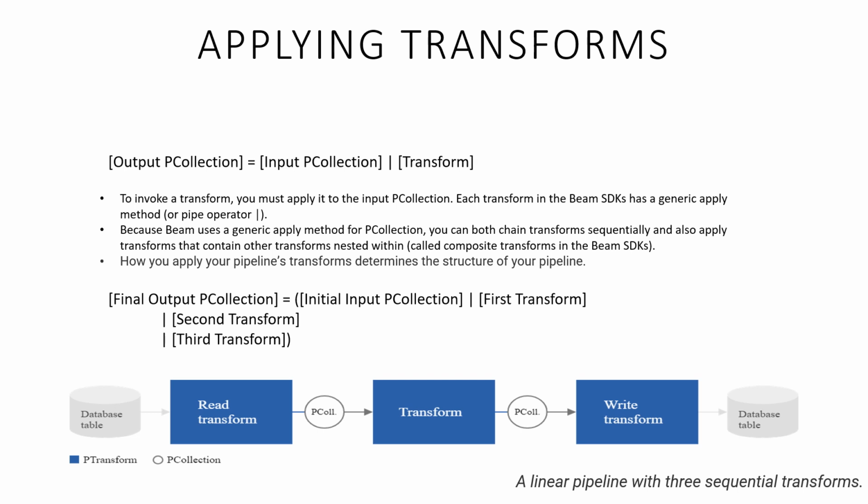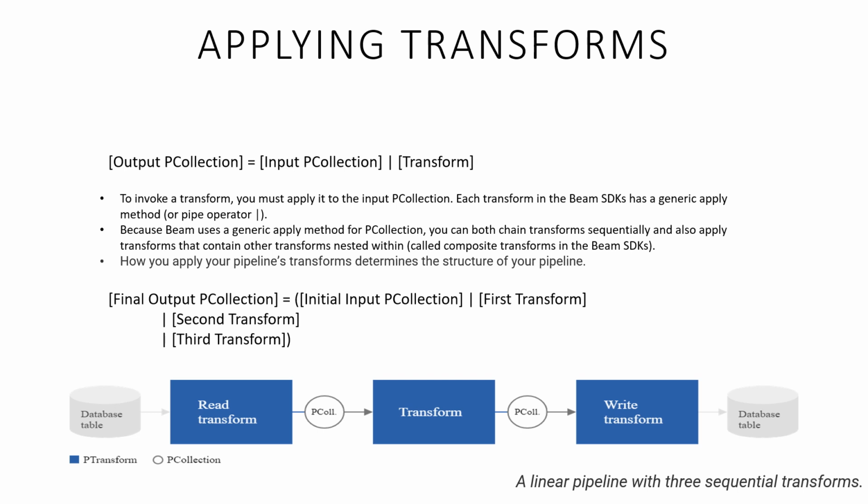Each transform in the Beam SDKs has a generic apply method or pipe operator. Because Beam uses a generic apply method for PCollections, you can both chain your transforms in a sequence, or you can apply the transforms that contain other transforms nested within. Now, this is called composite transforms in Beam.